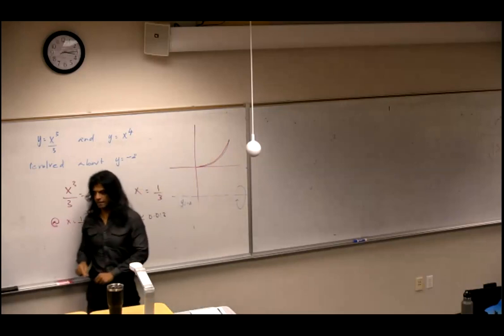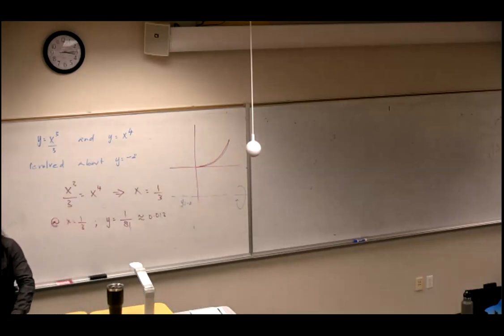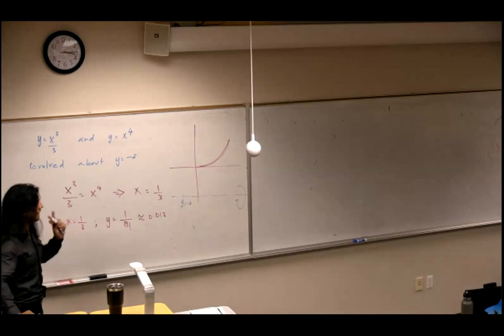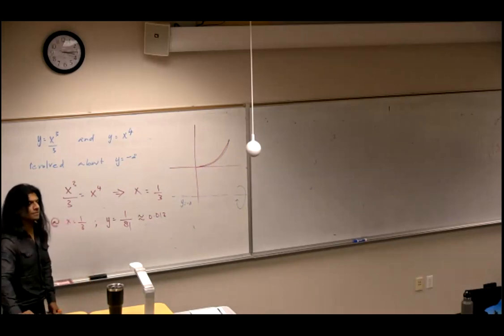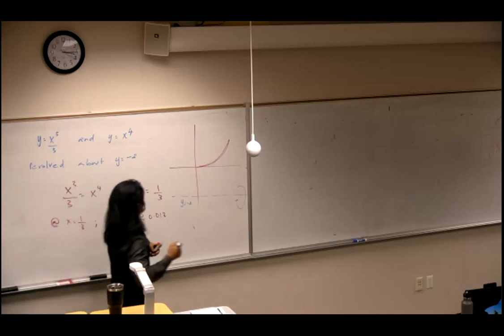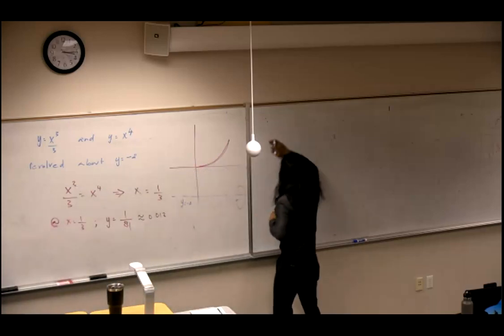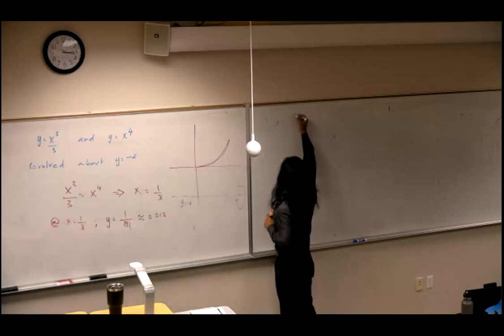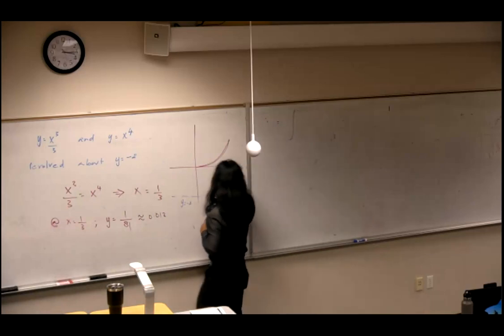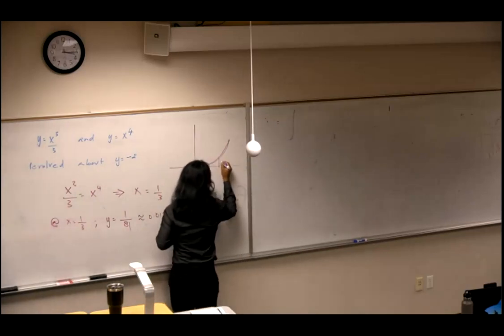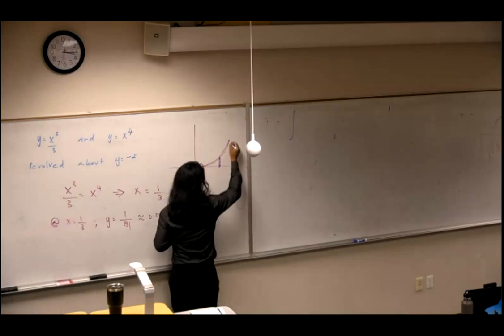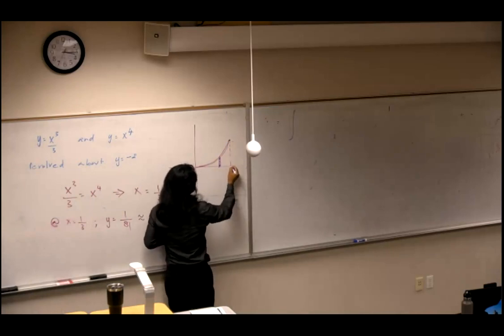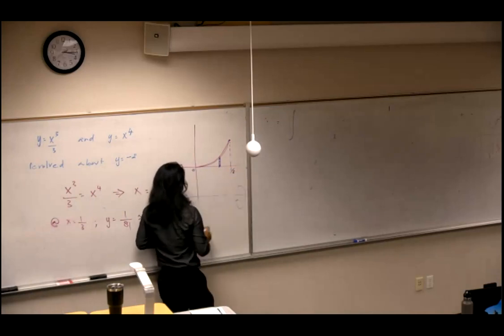So we have two curves, we have the strip, we just have to find the inner radius, outer radius, and we are done, good? So, for starters, if I draw a strip, say, somewhere here, 0, what is that point for x? 1/3.